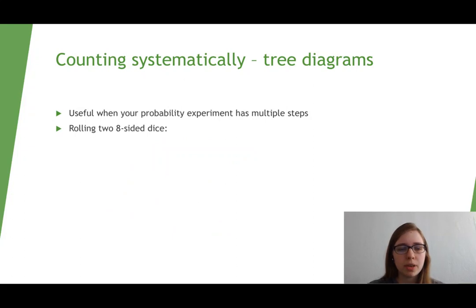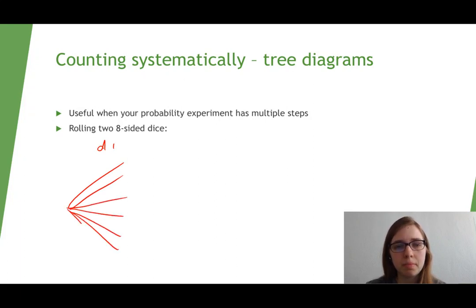Consider, for instance, if I'm rolling 2 8-sided dice, and maybe I want to know the probability of rolling 10. Well, then for my first die, I already have to split this up into 8 different branches. And sure, I don't have to draw the whole thing for my second die to get an idea.